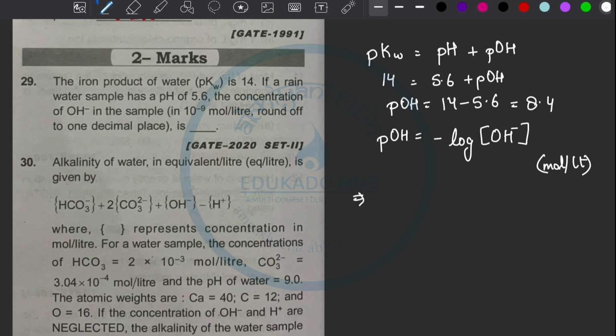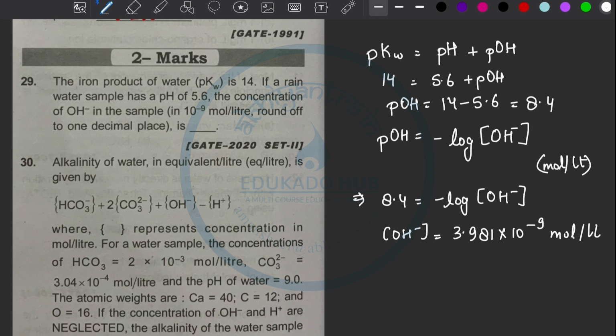So we got 8.4, that is pOH is equal to minus log of OH minus, and by this we got the OH minus ion concentration as 3.981 into 10 to the power minus 9 mole per liter. They have already told us in these terms, so the answer will be 3.981.